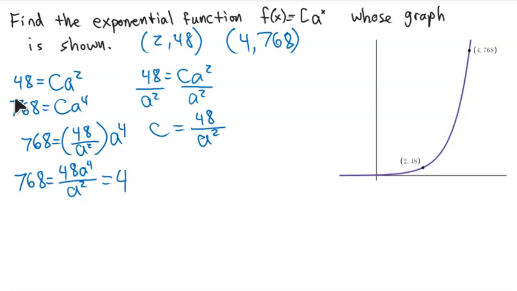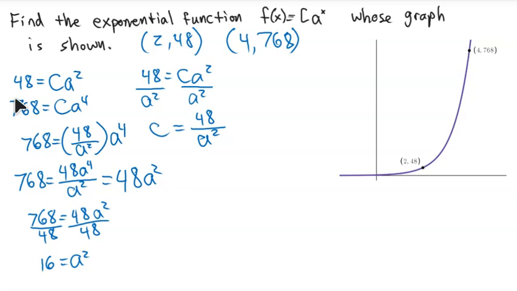So this will become 48a squared. So 768 is equal to 48a squared. Now we're going to divide by 48 on both sides, and we wind up with 16 is equal to a squared.